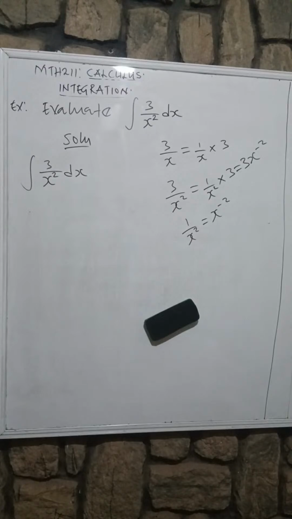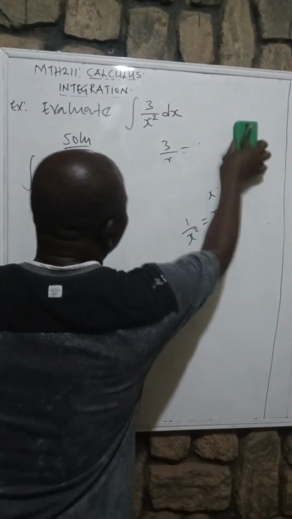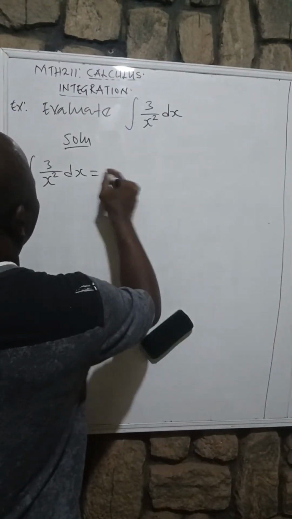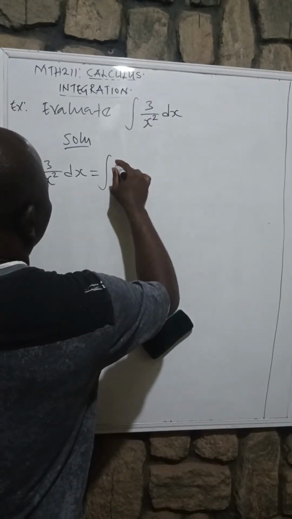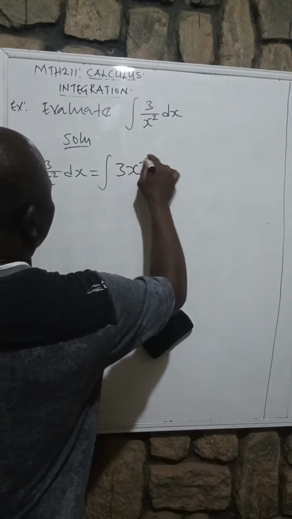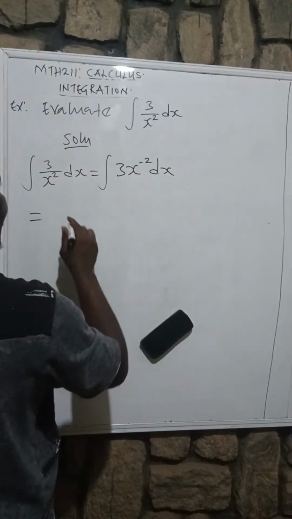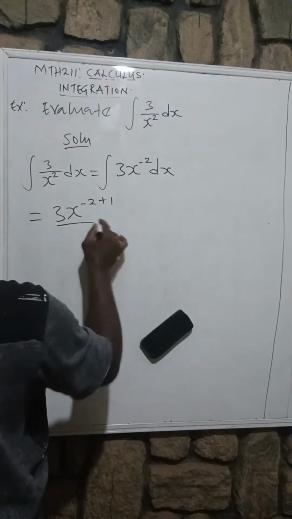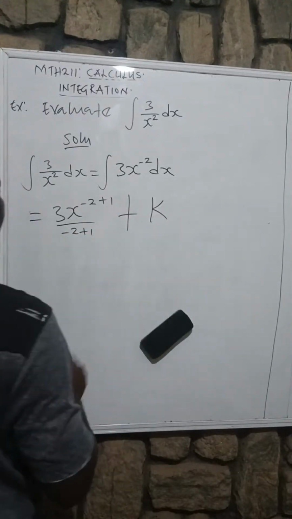Okay, so let's proceed. So here, instead of this, we have to write it as 3x raised to the power of minus 2 dx. Then when we integrate this, we are going to have 3x raised to the power of minus 2 plus 1 all over minus 2 plus 1, plus any constant.